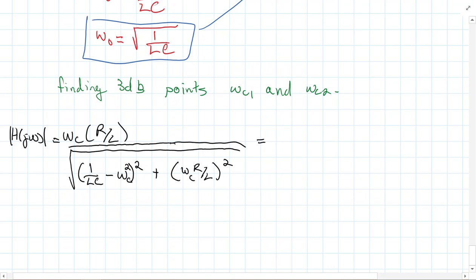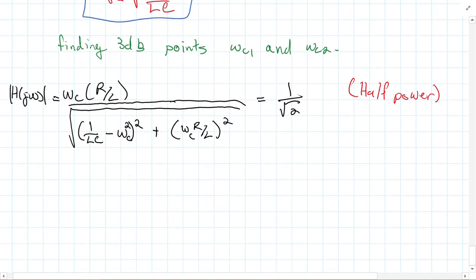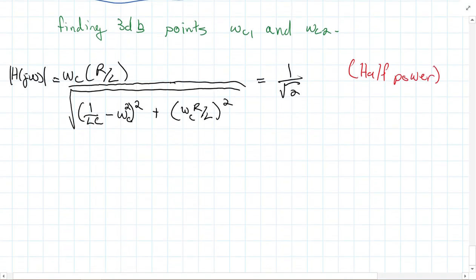And what does that need to equal? That needs to equal 1 over the square root of 2. And why does it need to equal that? Because again, this is my half power term. Okay, so half power, great. Oh, well, this is kind of an ugly thing to have to deal with. I mean, obviously I could square both sides, so let's go ahead and square both sides.